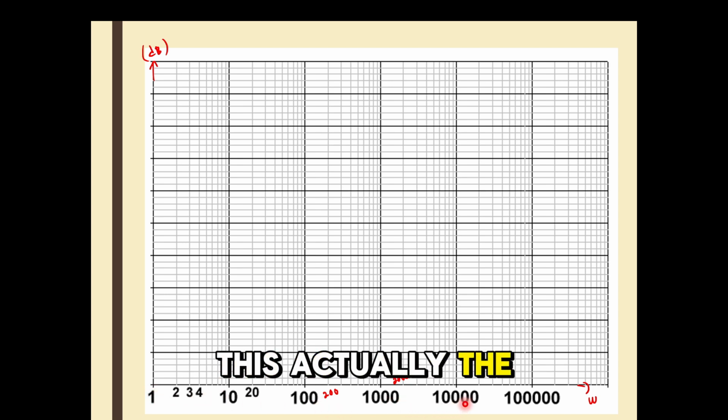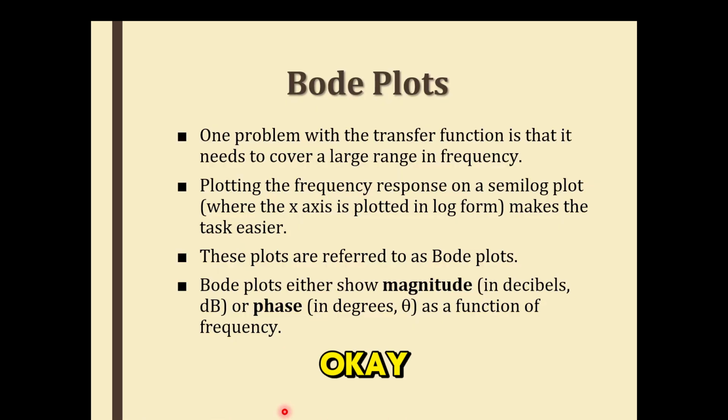This is the scale here, and on top, up to you whether you want to have 20 dB, 40, 60 or 10. That's up to us. We want to put that here on the y-axis. The x-axis you will have like this.